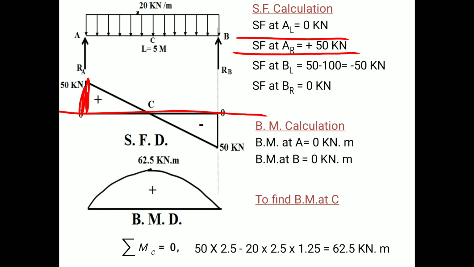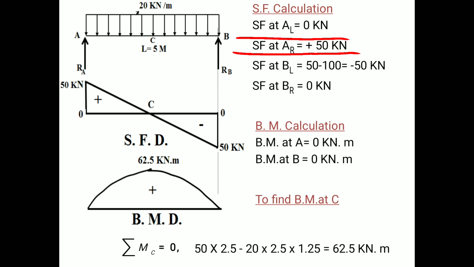This is 50 kilonewton. Now RB is also 50 kilonewton, but between the two point loads, for the UDL, we have to join it by an inclined line.